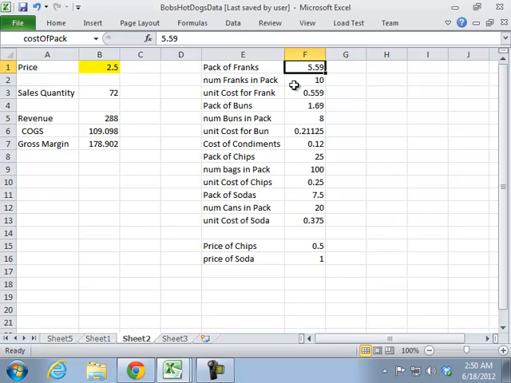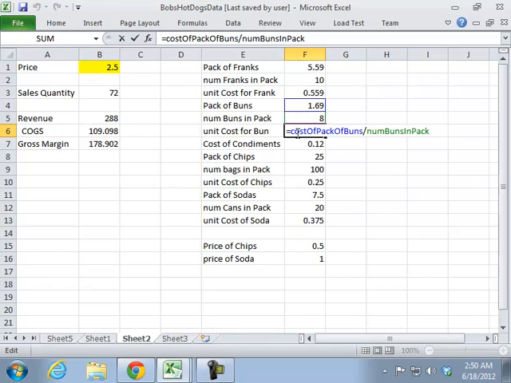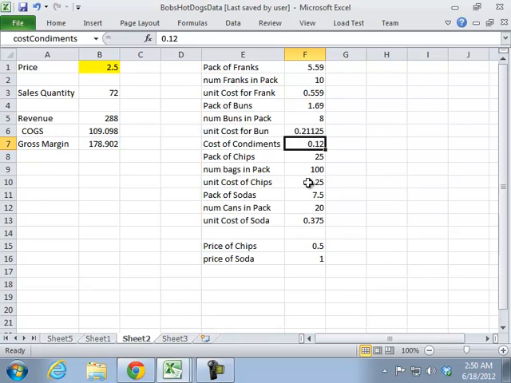So let's work this out. Our pack of franks and our number of franks, when you divide those, you get the unit cost of one hot dog, which is the cost of the pack divided by the number of franks in the pack. And the same thing for the bun. The unit cost of the bun is equal to the cost of the pack of buns divided by the number of buns in the pack. Okay? There's our condiments, which were stated explicitly in the case.